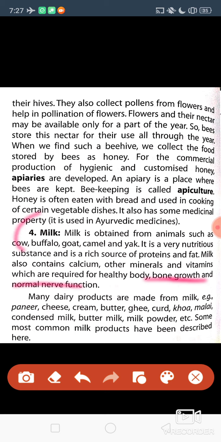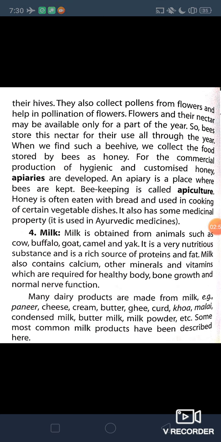So if you are asked the definition, to explain what is milk and how it is useful for us, you have to write this whole paragraph. Don't be confused.